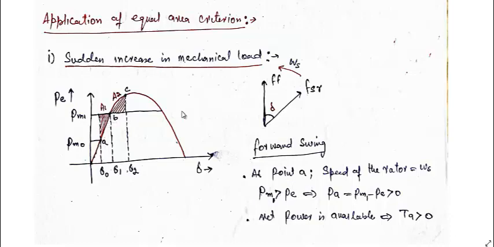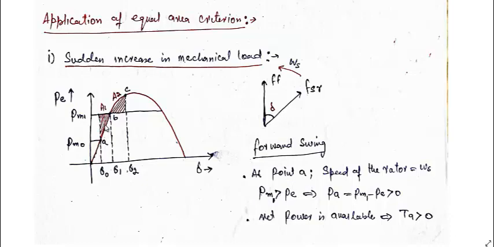When delta decreases, electrical power also decreases. Let us say at this point the speed is 1495 rpm, electrical power decreases. There is more accelerating power now available at the rotor.